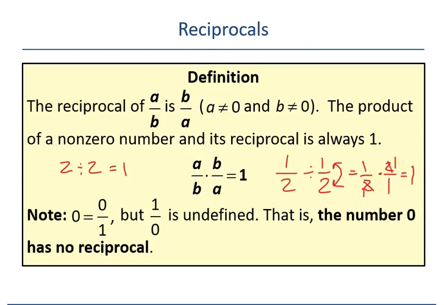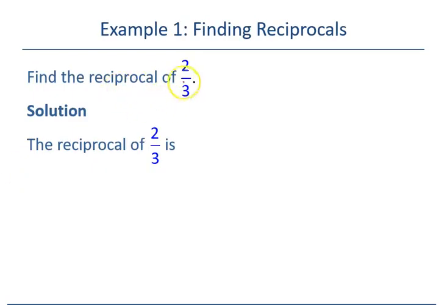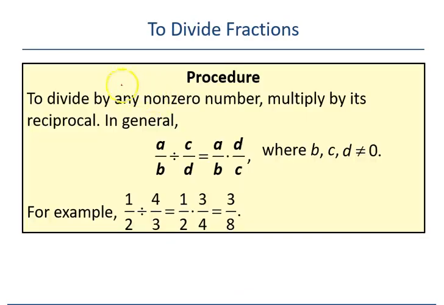Okay, let's do some examples here. Let's find the reciprocal of 2/3. Remember, it's just going to be the opposite. The reciprocal of 2/3 is 3 over 2. To divide by any non-zero number, multiply by its reciprocal, which is what I just did up above.